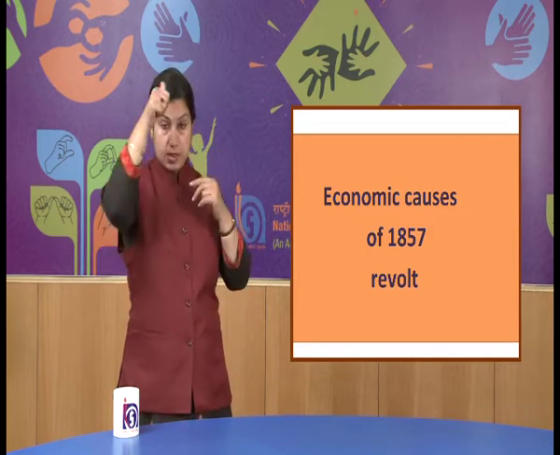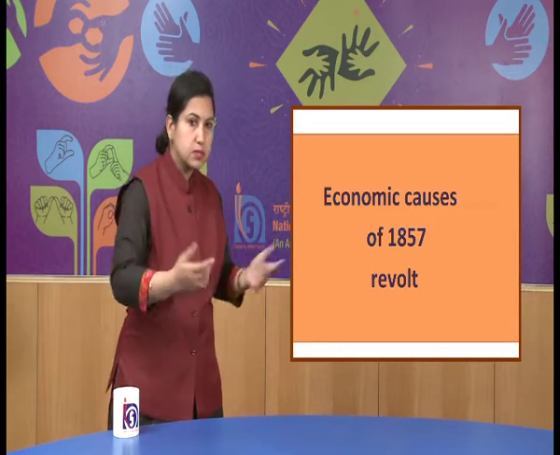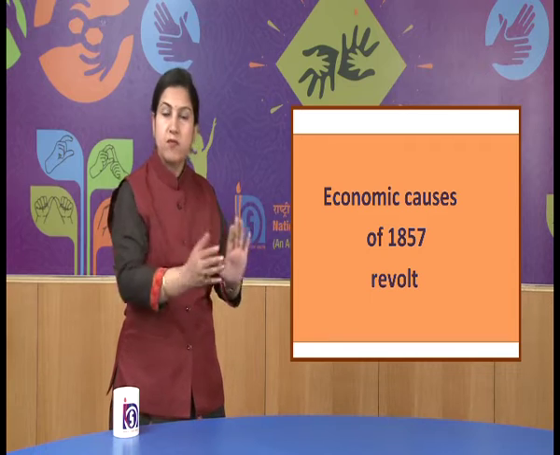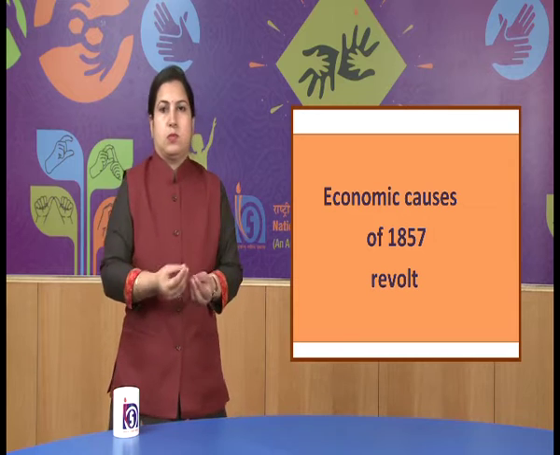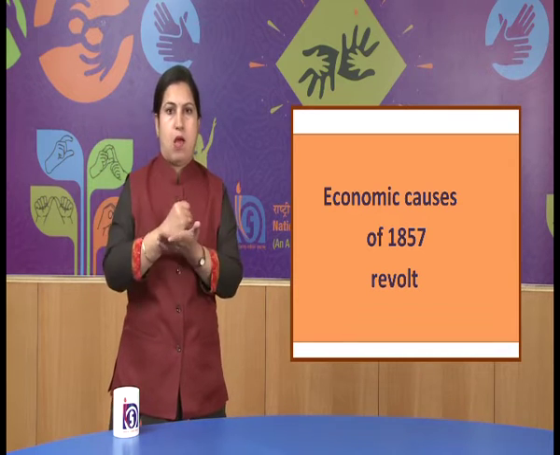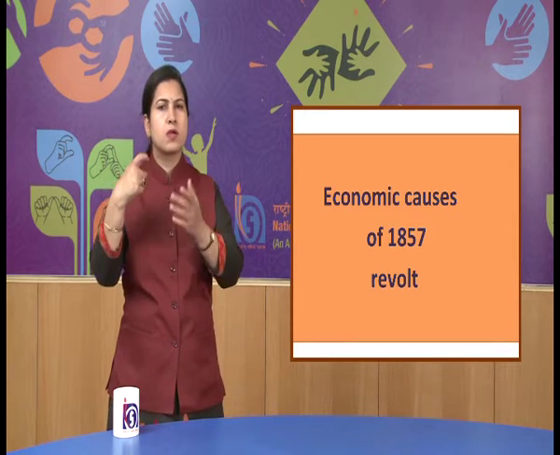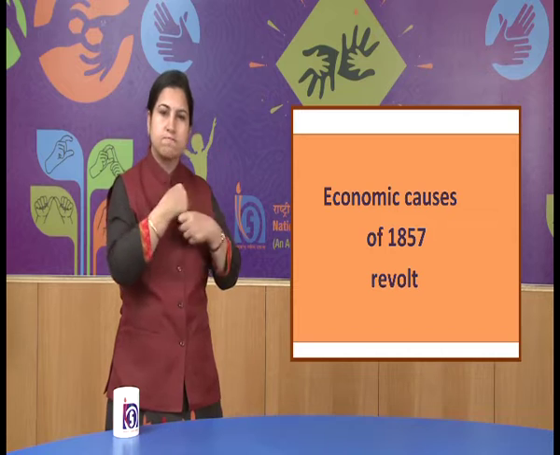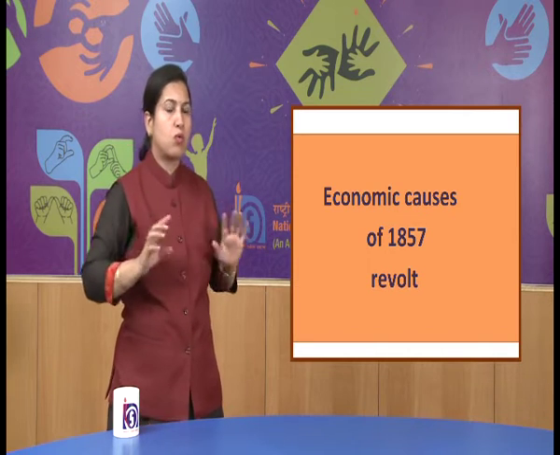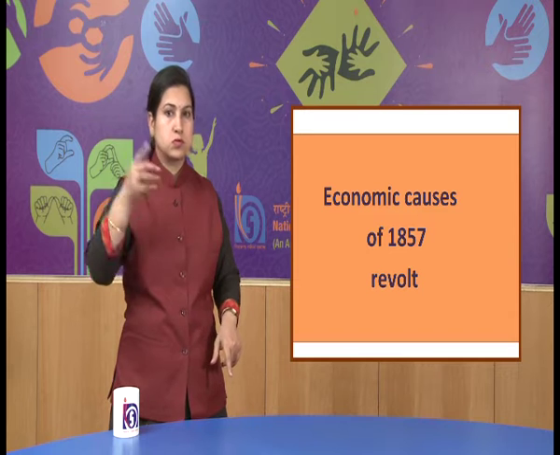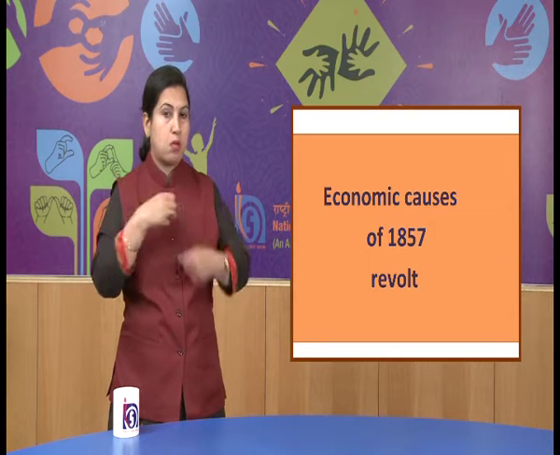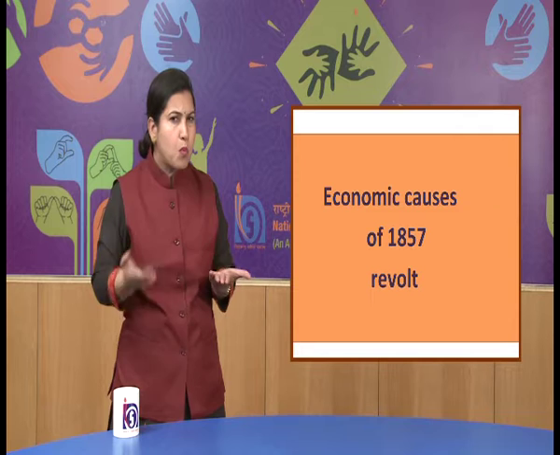India was famous for her wealth and resources, so the British tried to take away as much wealth as possible. The English adopted such policies that Indian trade and industry was badly affected. Let us find out how.